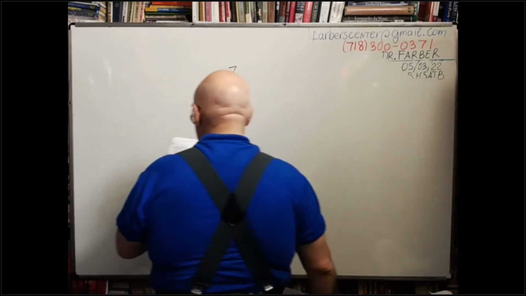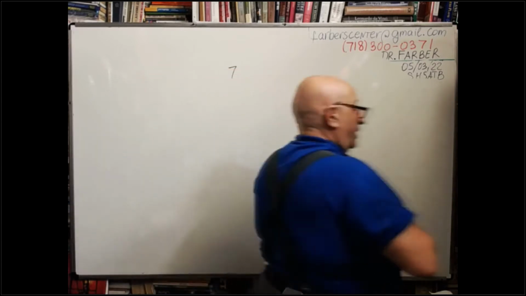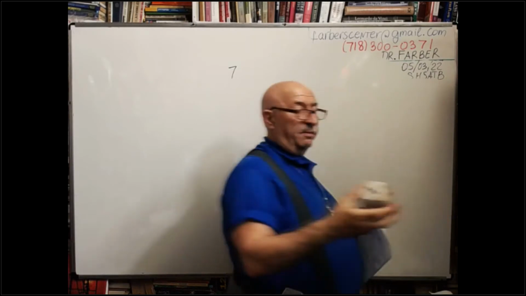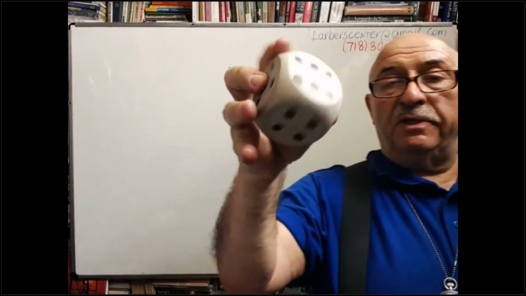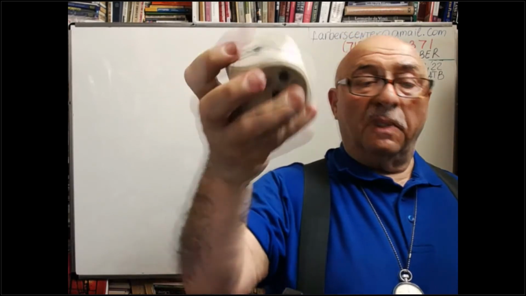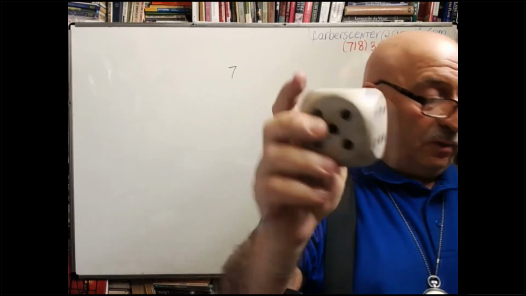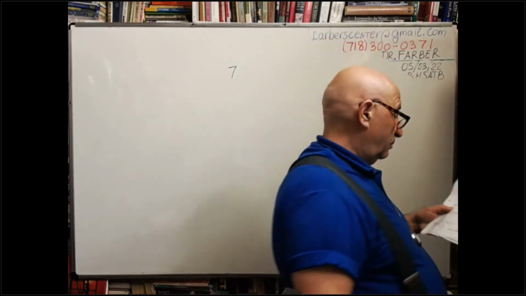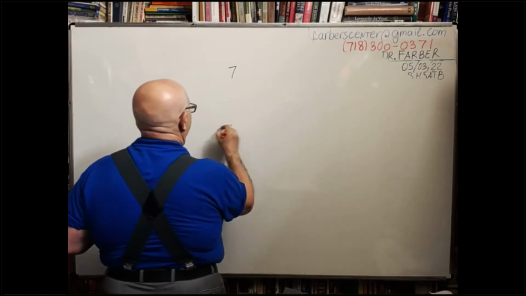Number 7. Again, 6-sided dice. Do you have any dice? You have any die like this. It has 6 faces. Every die, right? From 1 to 6. Use the tree combination. Start.